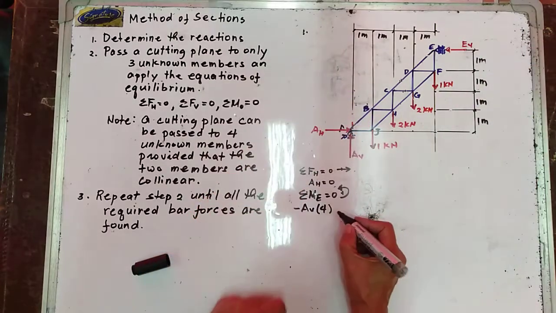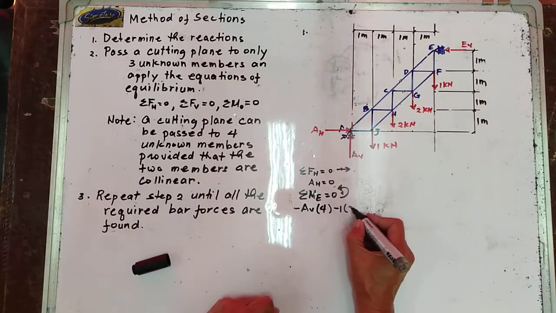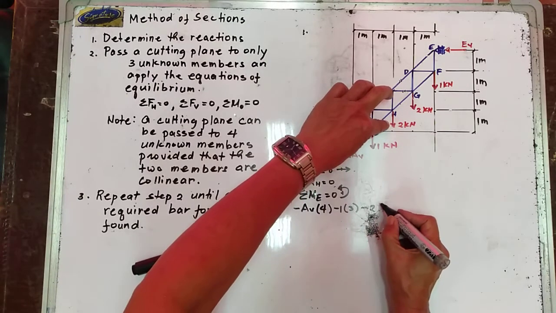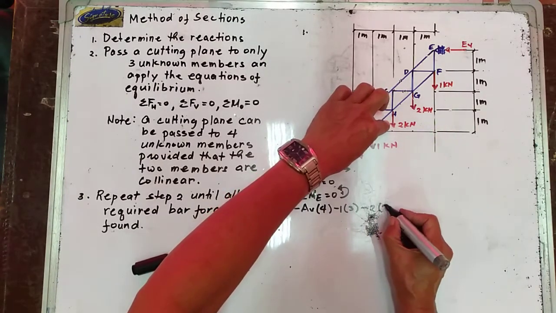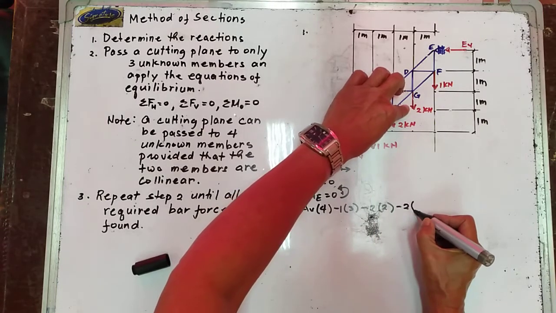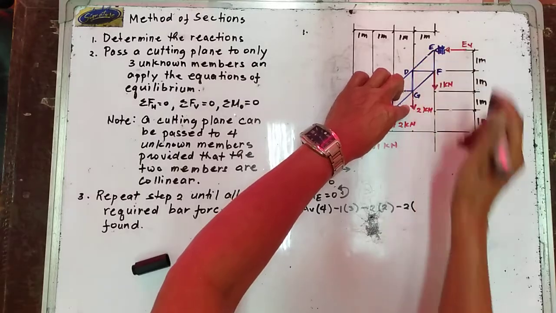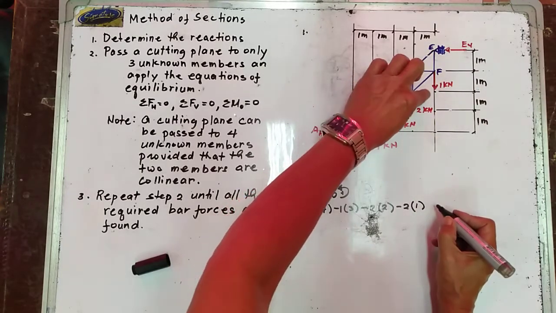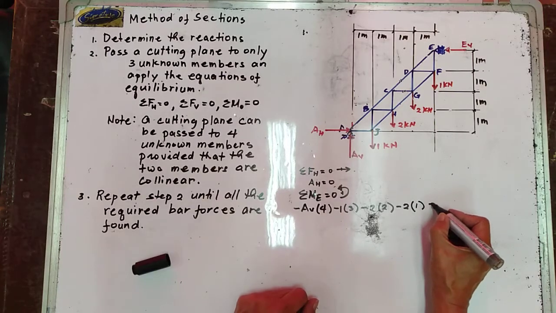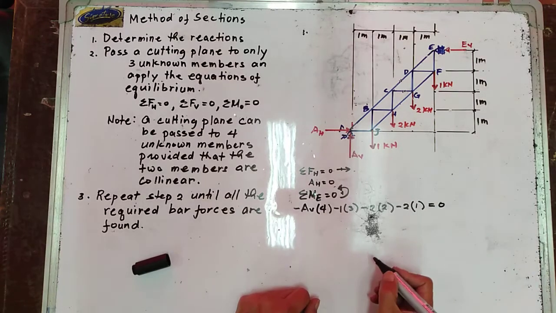Minus 1 multiply this one by 3. This one, minus 2 multiply this one by 2. And minus 2 multiply this one by 1. This has no moment because it passes through the moment center. And this is equal to 0.